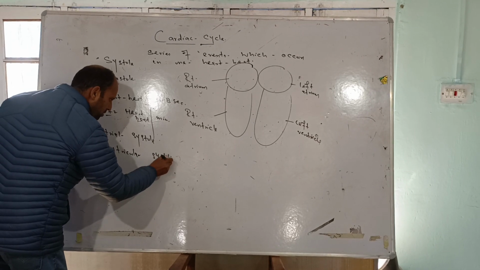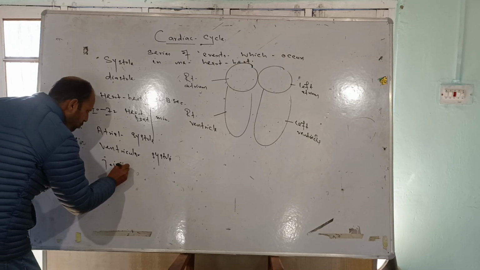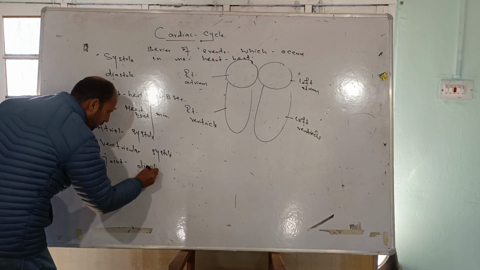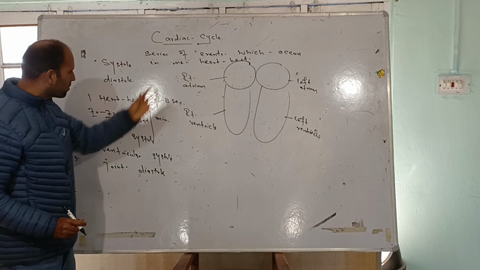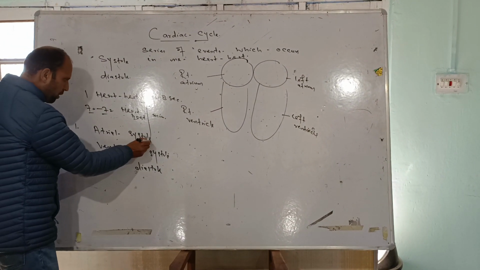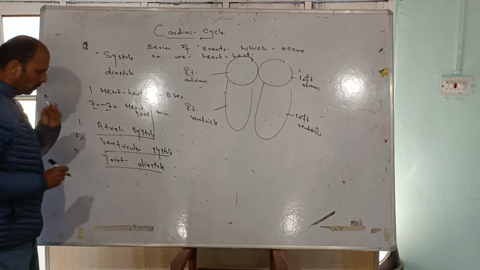And the third important step is joint diastole, which is also commonly called the common pause of heart. So the cardiac cycle has three important steps for completion: atrial systole, ventricular systole, and joint diastole of heart.